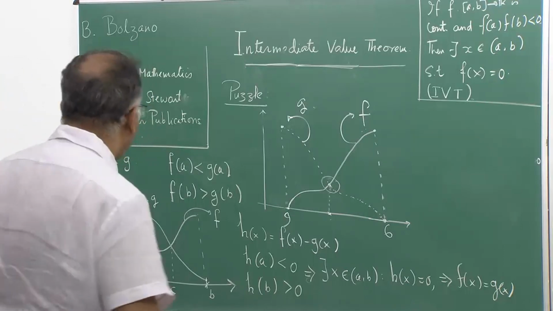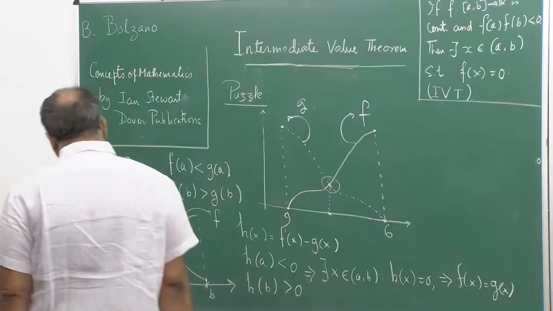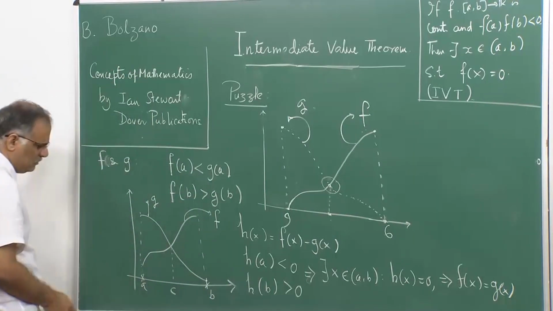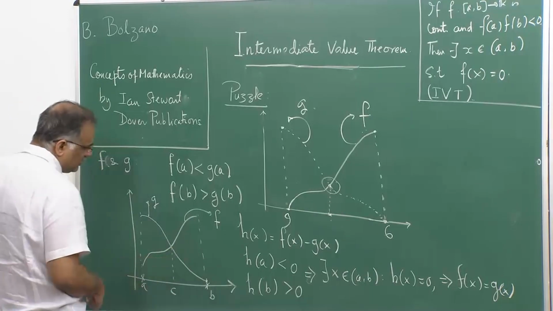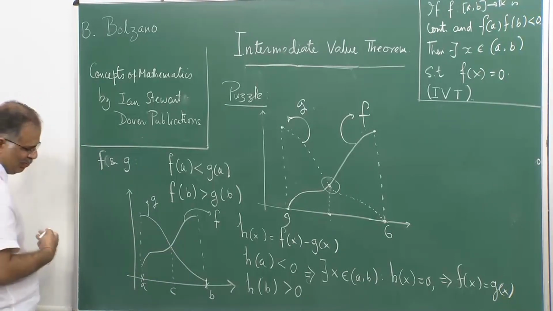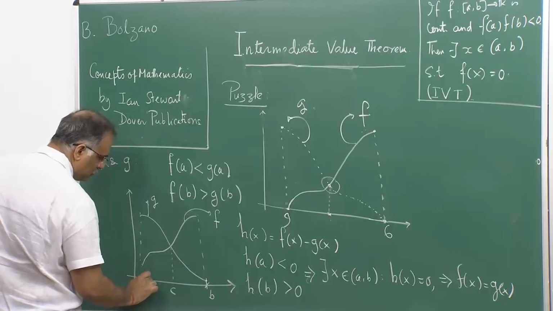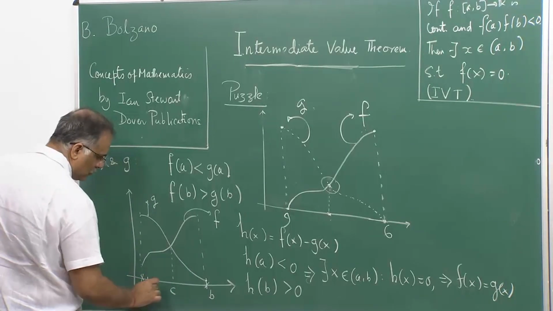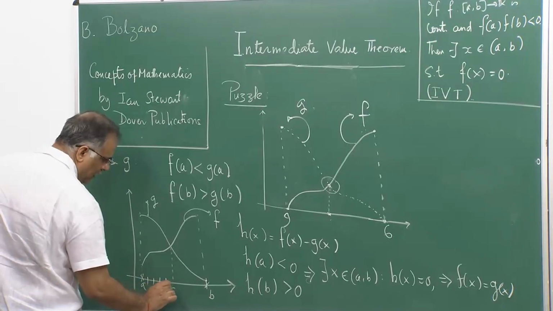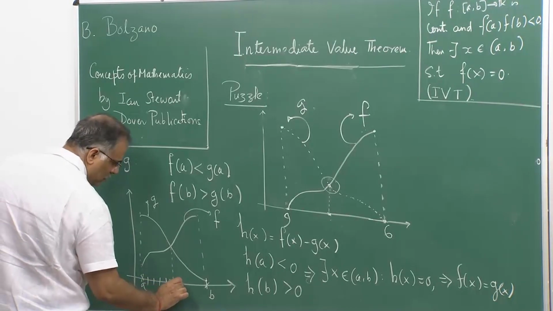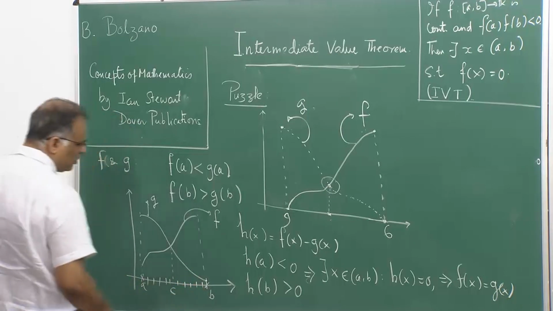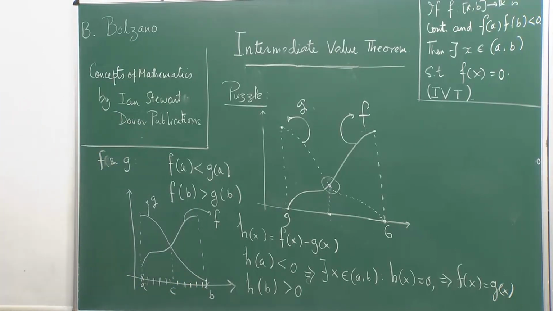So, how would you actually prove it? I will not really get into the main idea. The proof essentially is the following. You divide, say, the interval [a, b] into say 10 or 20 equal small intervals.